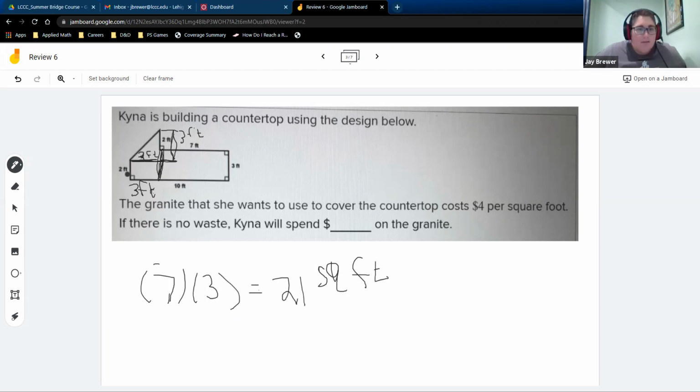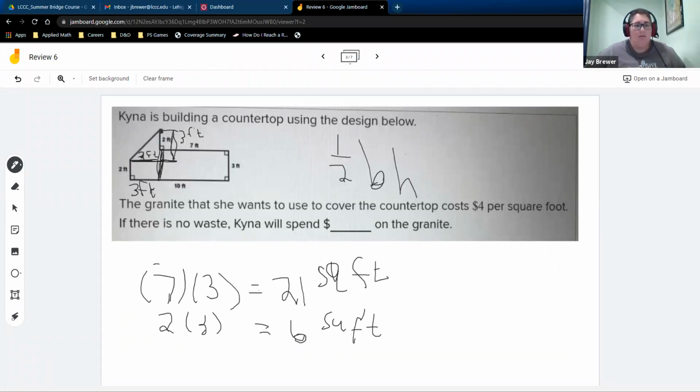This one is going to be 2 by 3, so that'll be another 6. And then our area is 1/2, and this is where memorizing the formulas will help you. Base times height. Here's your base, there's your height. So 1/2, 3 times 3 is 9, so that would be 4.5.